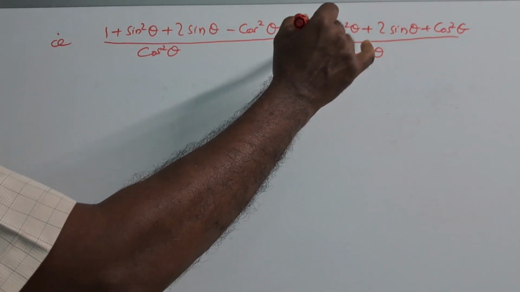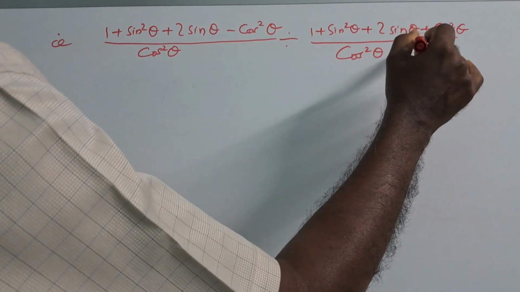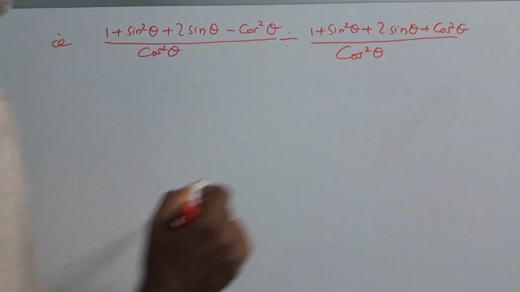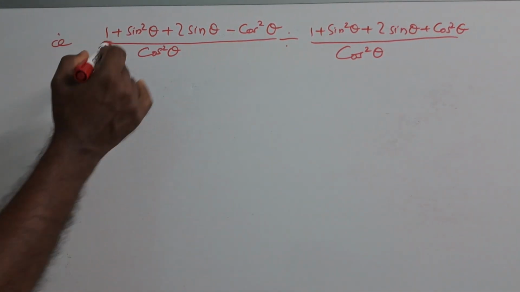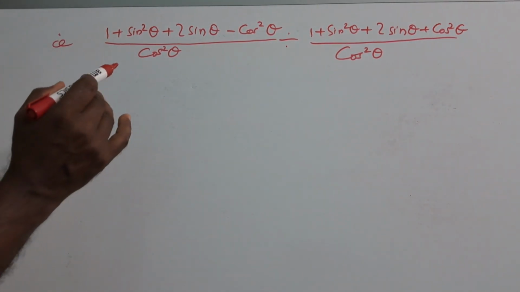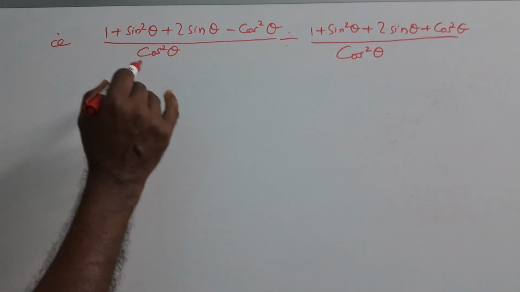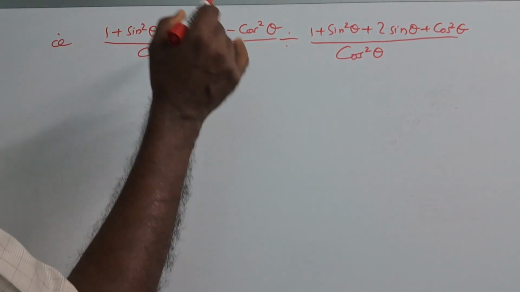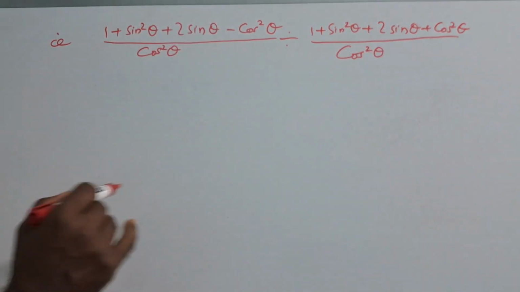In the denominator part, we have 1 plus sin square theta plus 2 sin theta plus cos square theta by cos square theta. In this session, I make the changes in different ways on the numerator part and on the denominator part.